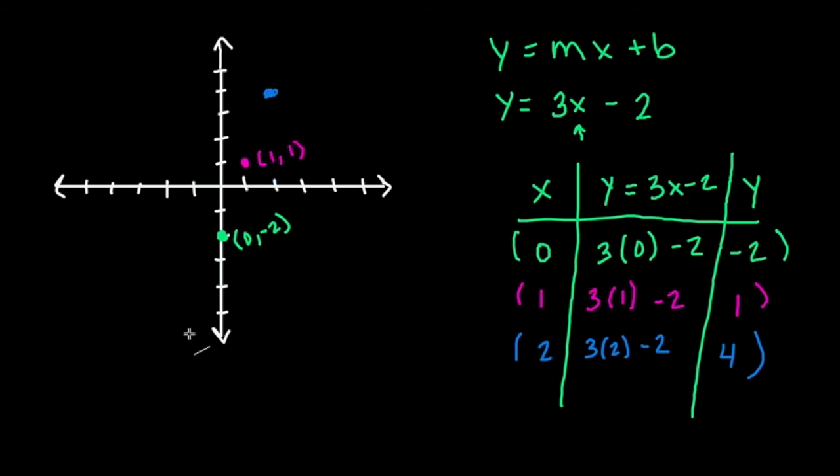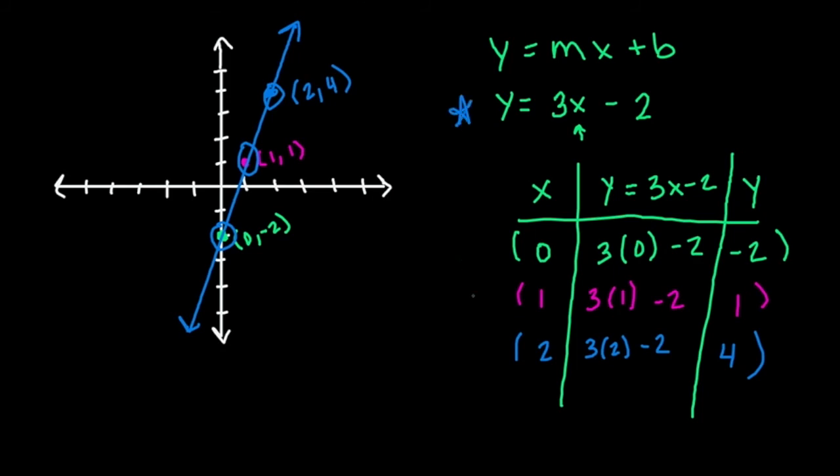Now I have 3 points to connect. Your line keeps going in both directions, and every point on the line, in any direction down here and up here, is going to be a solution to this equation.